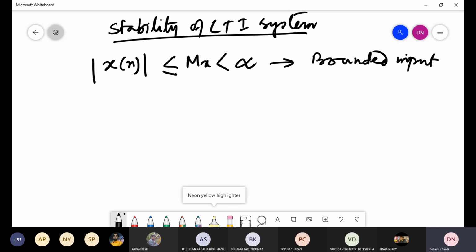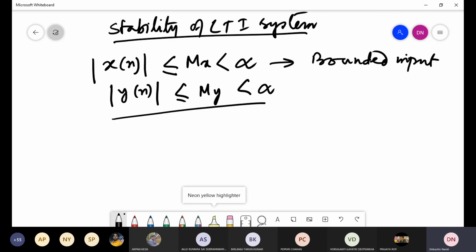For this bounded input, if the output also maintains this inequality condition, mod y of n less than My, where My is another finite quantity, then I will say that the output is also bounded. That means bounded output.